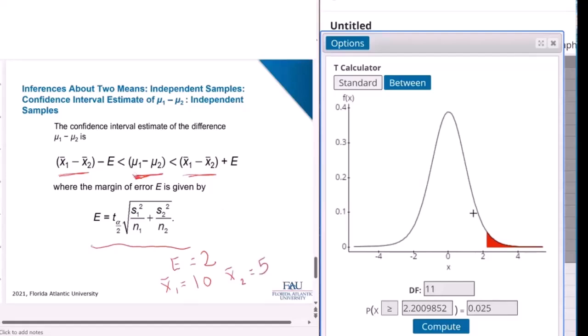I would have for my interval 10 minus 5, which is 5, minus 2, and 10 minus 5, which is 5, plus 2. I know that the difference in my population means is going to be somewhere between 3 and 7. I have a certain confidence that it's going to be between those two values.